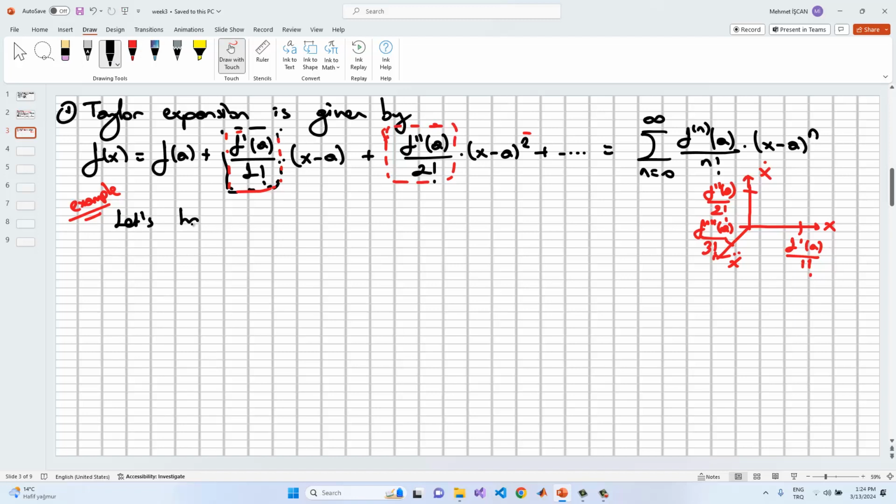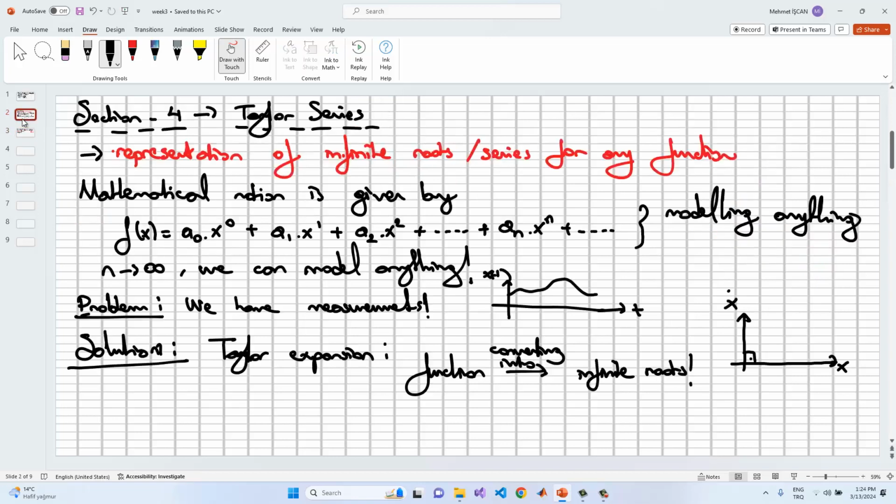Let's have a function f(x) is equal to what? The sum from n = 0 to infinity of c_n (x - a)^n, right? This is the basic definition of the general function notation, which is given in slide 2, right?